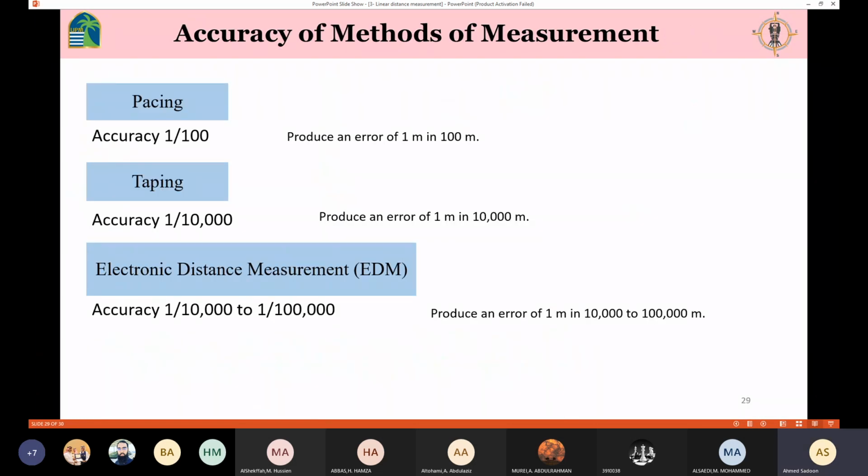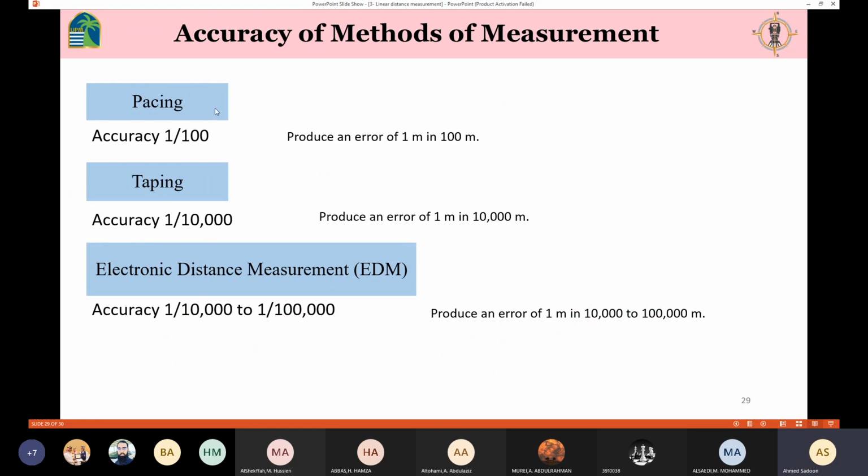So finally, we talked about these methods of measurement. We talked about pacing, we talked about taping, and finally we discussed electronic distance measurement (EDM). So we need to talk about the accuracy of these methods.